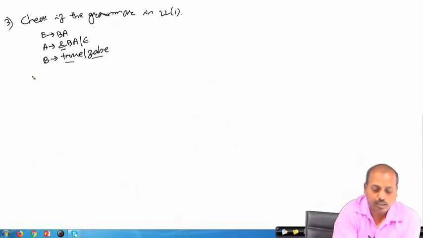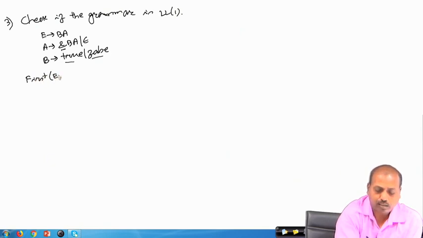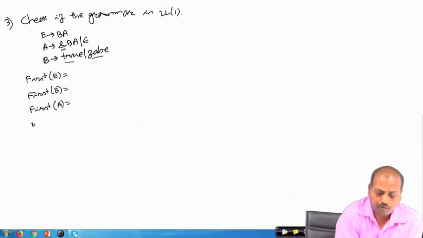So, the first and follow sets: first of E, then first of B, then first of A, then follow of E, follow of A and follow of B. So, these are to be computed.